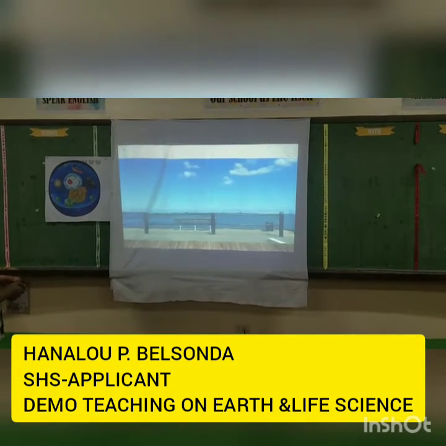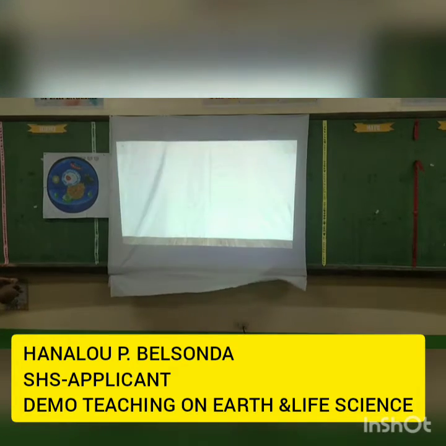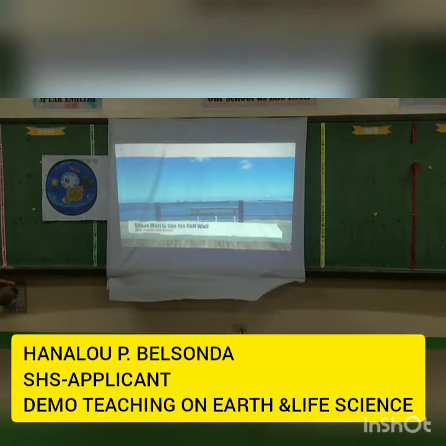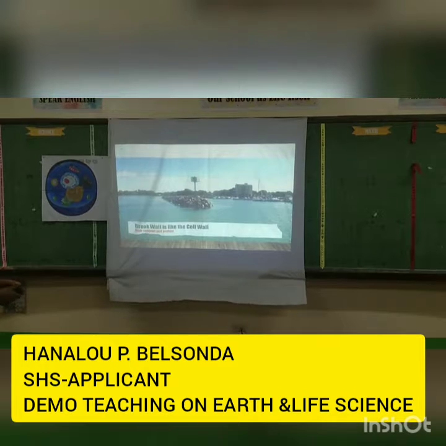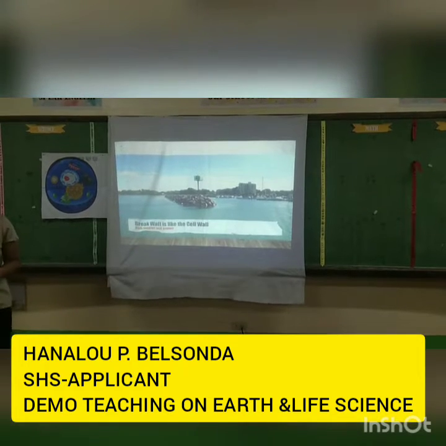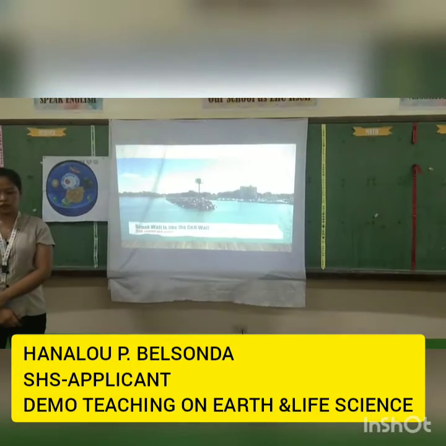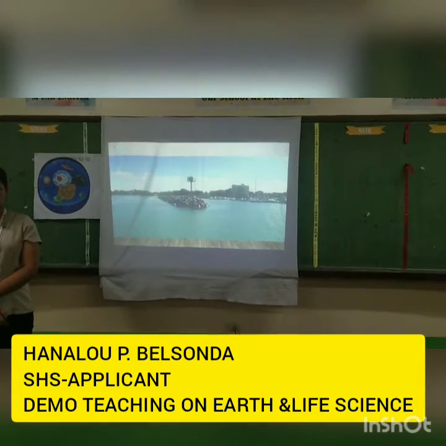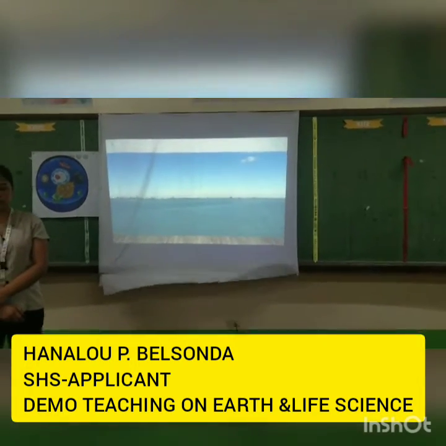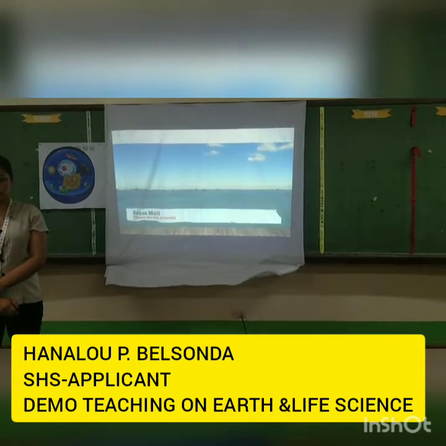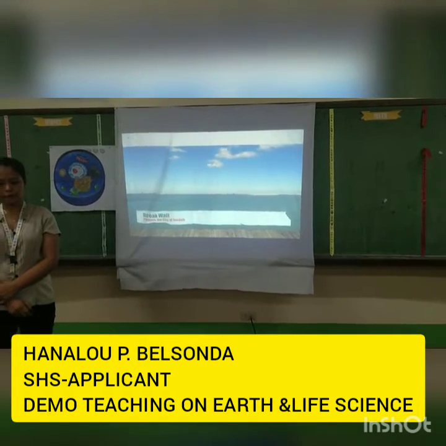Here we are at the pier. Notice just off the end of the pier is the city's Great Wall. The Great Wall is like the cell wall because both support and protect. The city's Great Wall is a layer of rock that prevents the waves from eroding our shores.